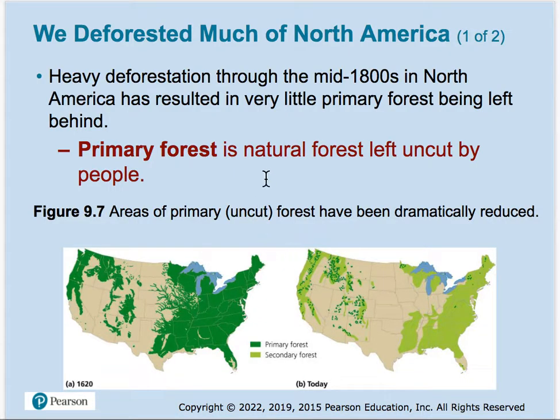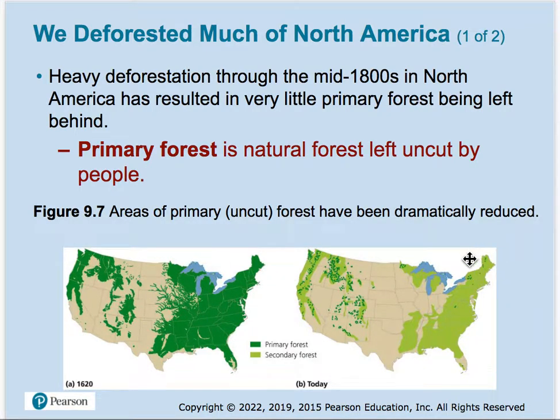Okay, so primary forest is forest that's natural and it's older and it's left undisturbed. So primary forest is very high value forest because it's like old wood that's been there for a long time. So this is what our country looked like in 1620. The maps of early primary forest.